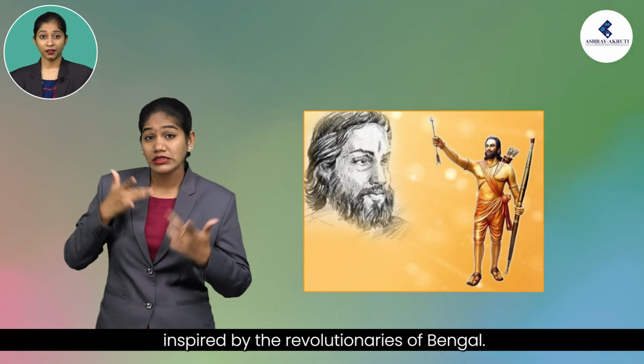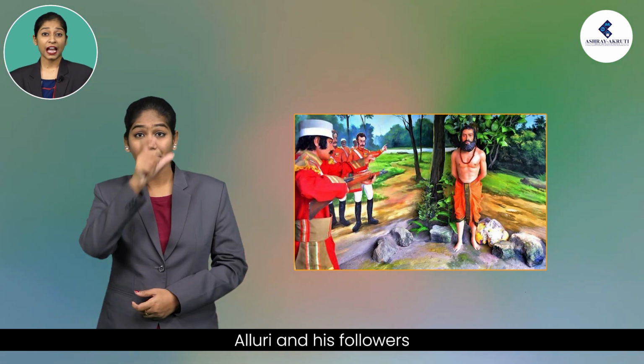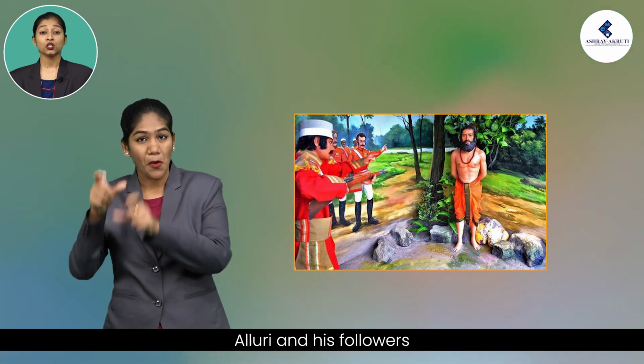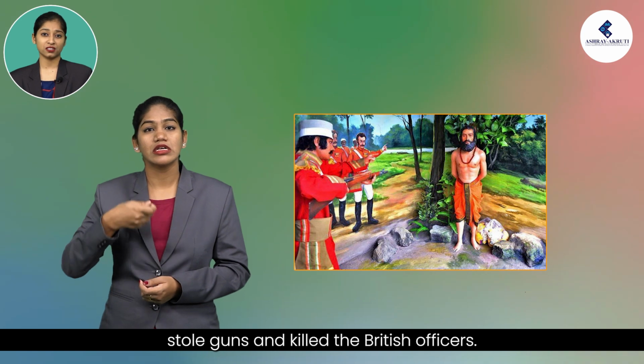Alluri protested in Andhra Pradesh by raiding police stations, inspired by the revolutionaries of Bengal. Alluri and his followers stole guns and killed the British officers.